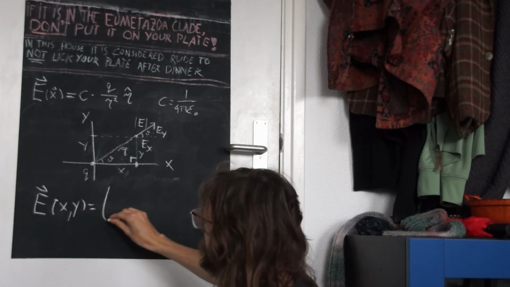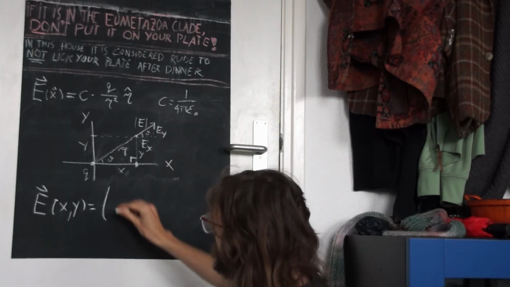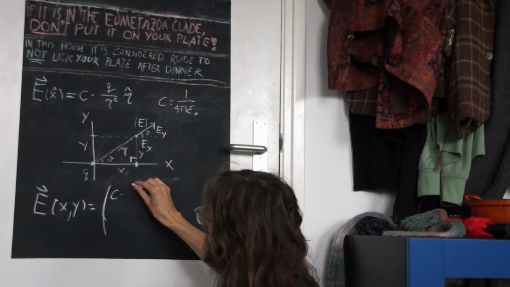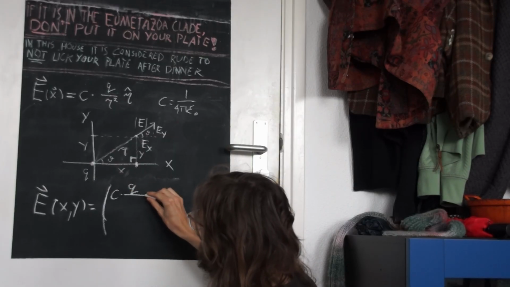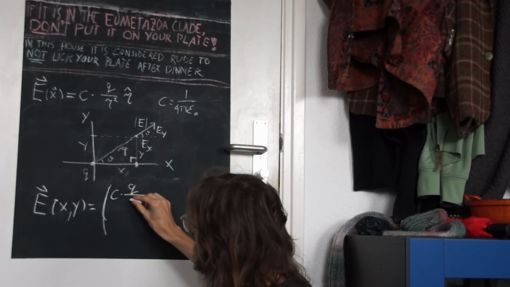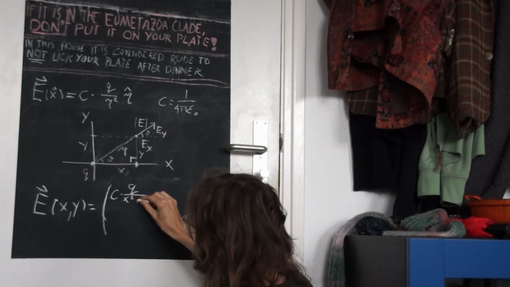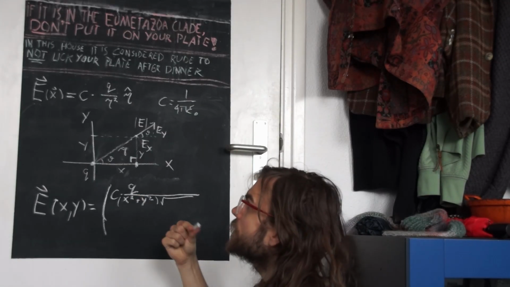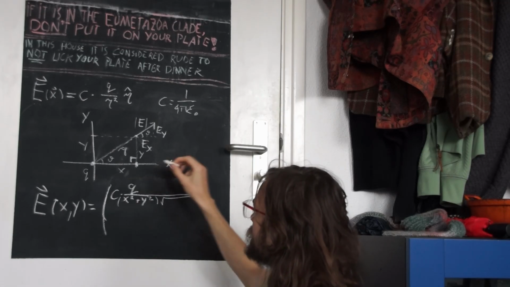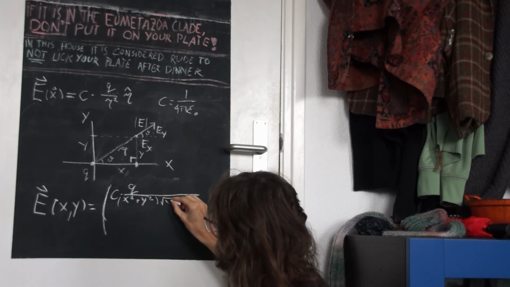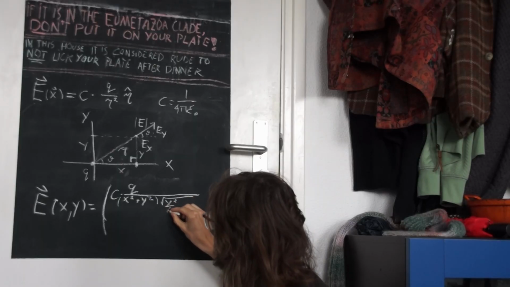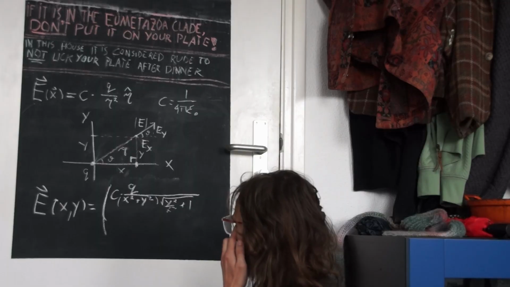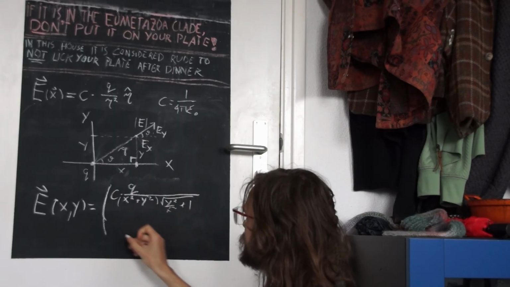It is equal to, and the top component is going to be c times q divided by x squared plus y squared, and then we have to multiply this by the cosine of the arctangent of y over x, which is also the square root of y squared over x squared plus 1. And that is our x component of the field.